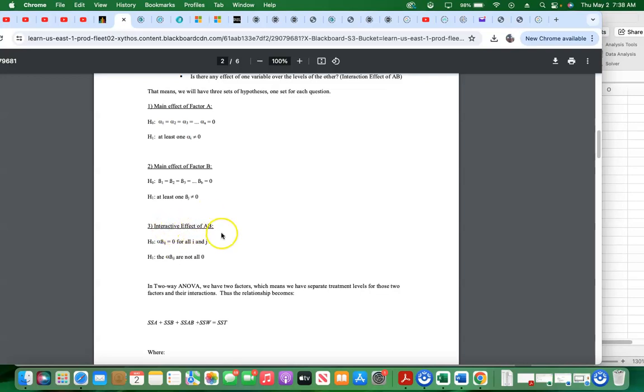We have the null hypothesis at a 95% confidence level, and the alternative hypothesis will be proven by the probability value, which should be less or equal to 5% alpha. Same with the interactive effect. For all these 3, if we have a p-value which is less or equal to 5% alpha, then we will reject the null hypothesis, and we can say the main effect A is significant.